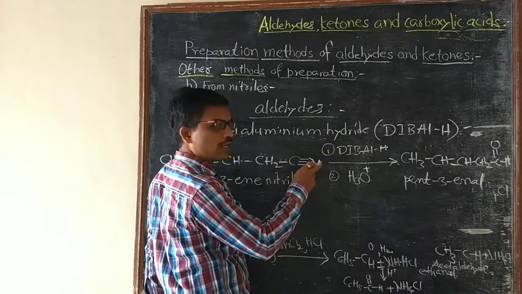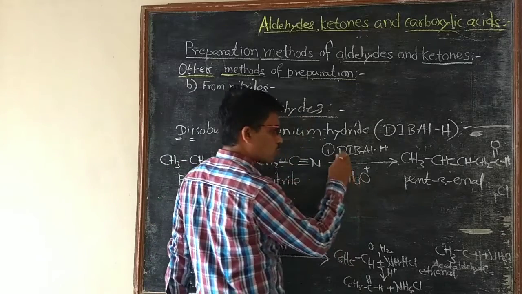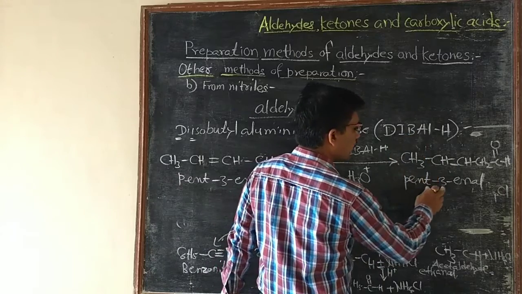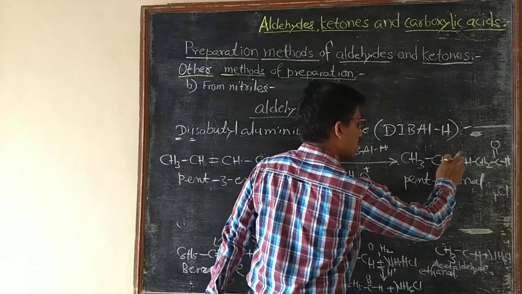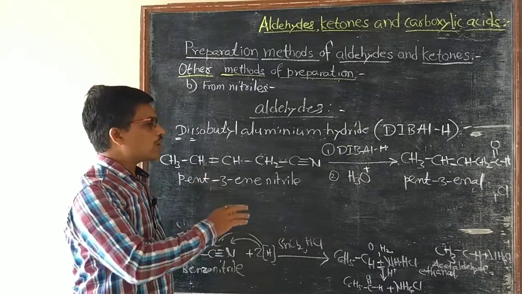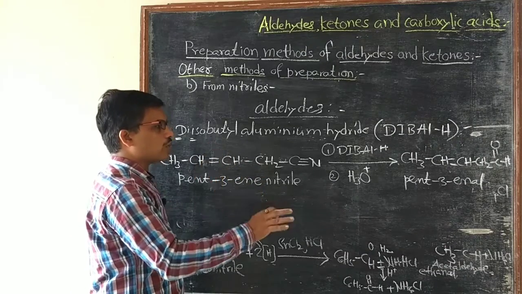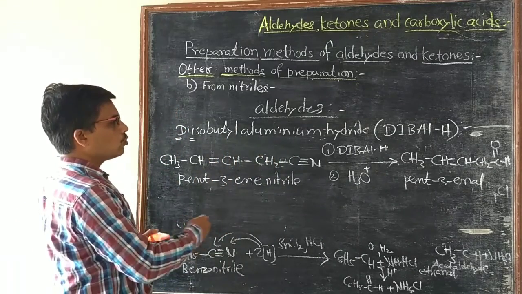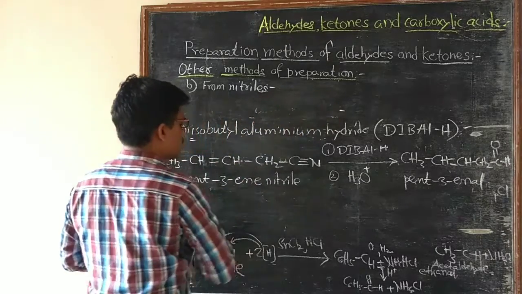That corresponding imine is further hydrolyzed by water in presence of H plus, it gives its corresponding aldehyde, that is pent-3-enal. In this case, the double bond remains as it is. An advantage of this method is that double or triple bonds present in the same molecule are not reduced by this reagent.